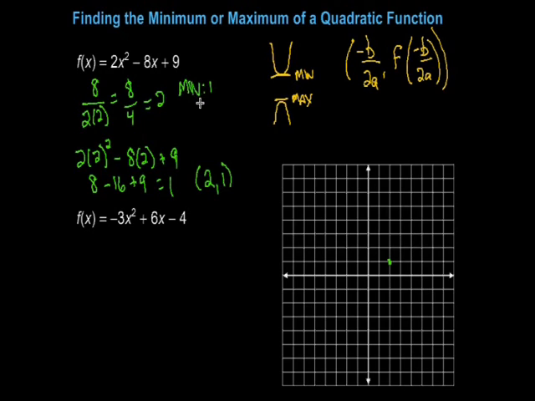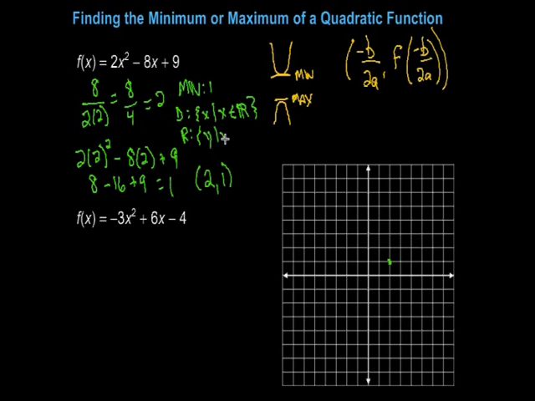Okay, then the domain and range. The domain for all quadratic functions is always all real numbers, because we can put anything in that we want. So x is an element in the real numbers. Let's make my fancy R there. Okay, and then my range, well, that's limited by whatever that minimum or maximum is.